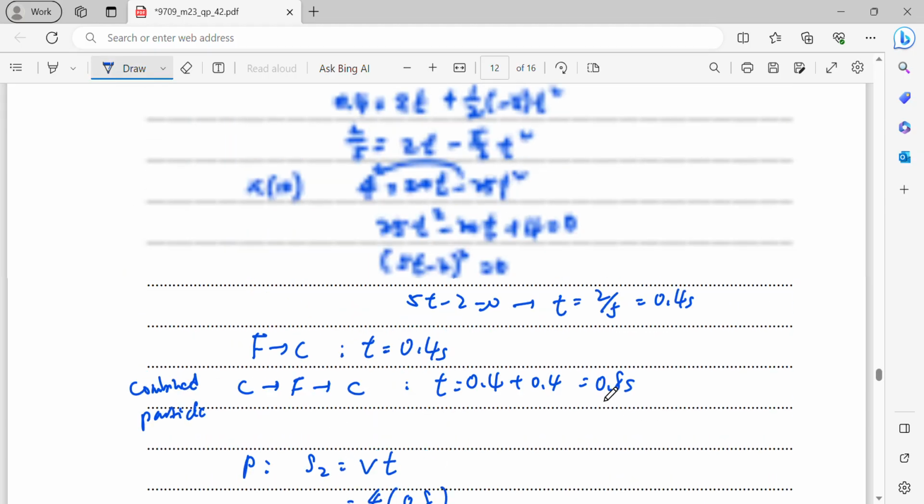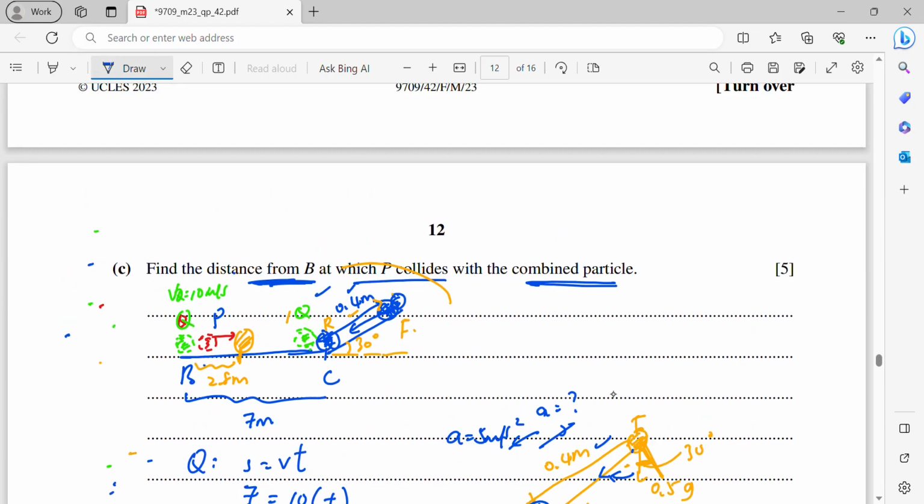Okay, let's see the question. Find the distance from B at which the P collides with the combined particle.